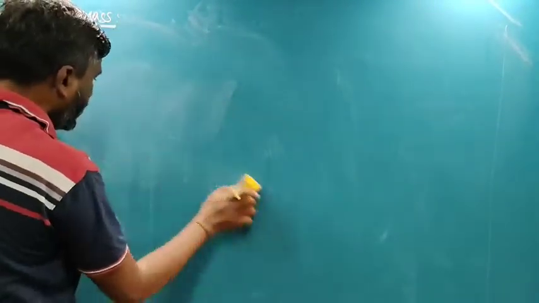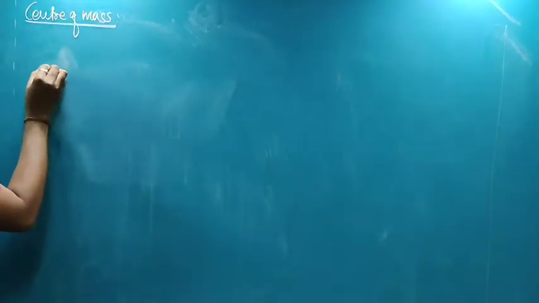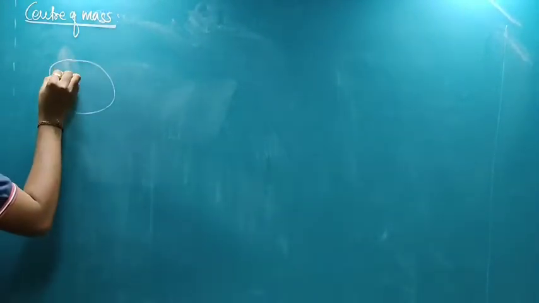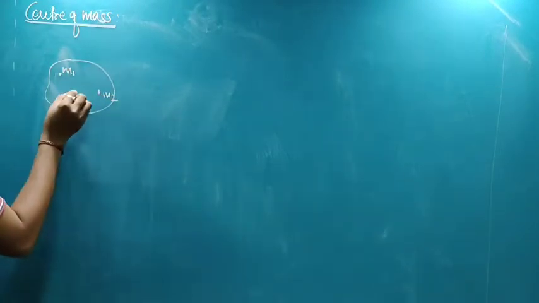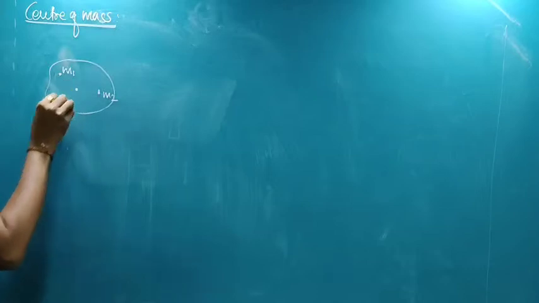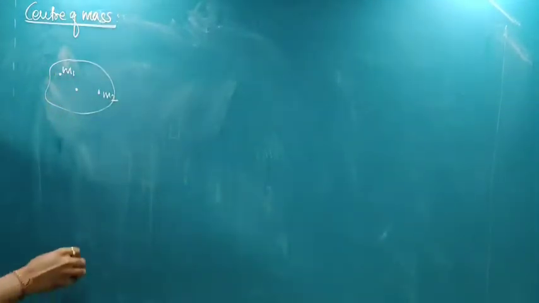Now, the simple formula for center of mass is: let this be a body, and there are some masses m1, m2. These are the masses, and here the entire mass of this body is supposed to be situated.